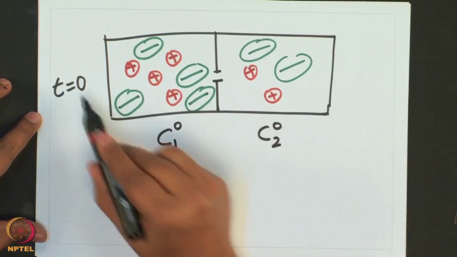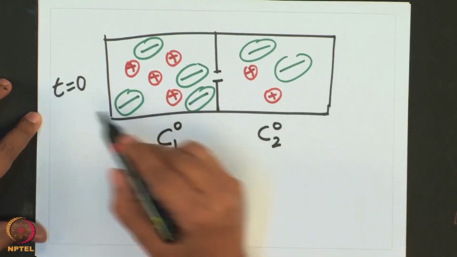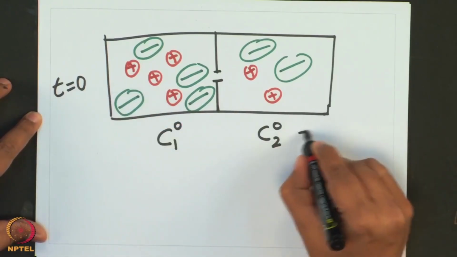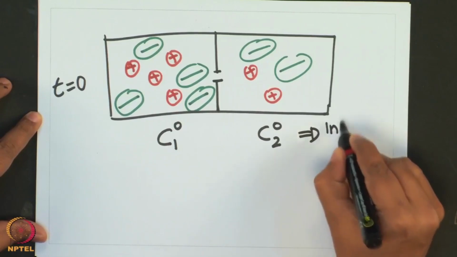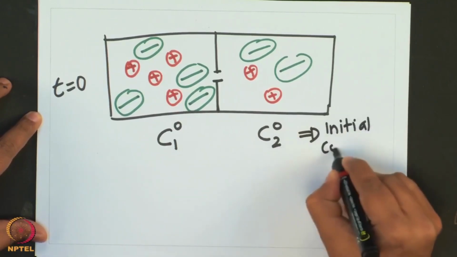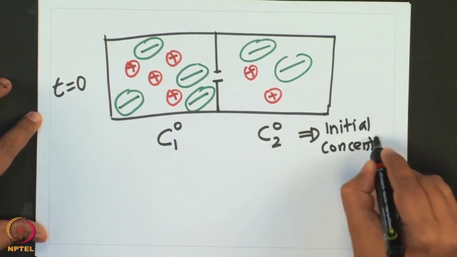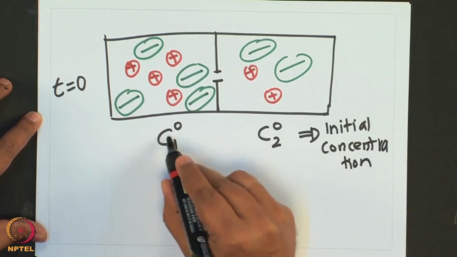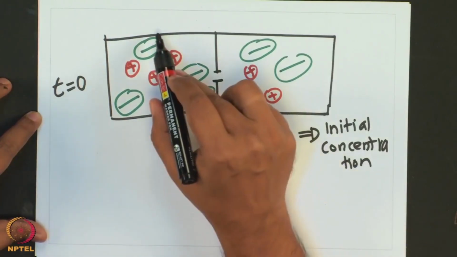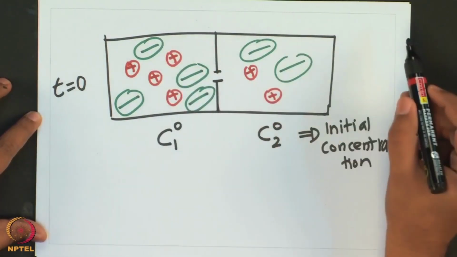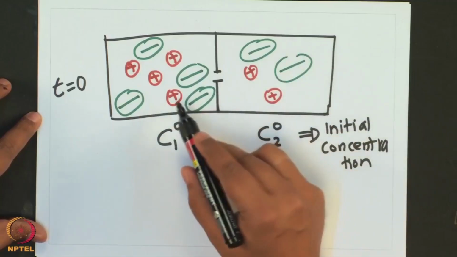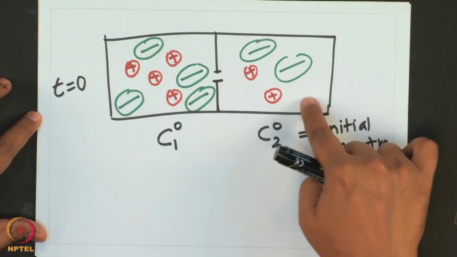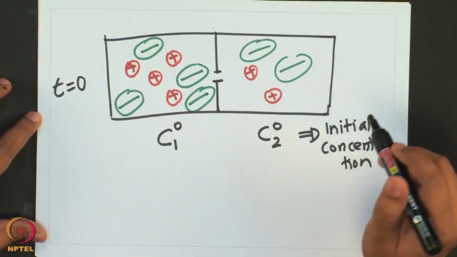The 0 indicates it is the initial concentration. It is important to remember that there is a final, equilibrium concentration which is different from this. C10 and C20 could be, for example, 10 micromolar and 5 micromolar.